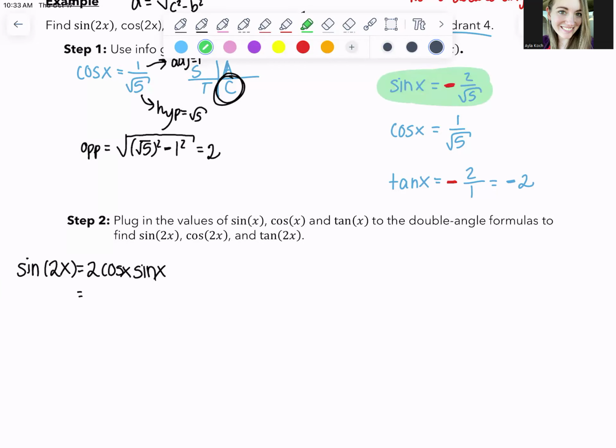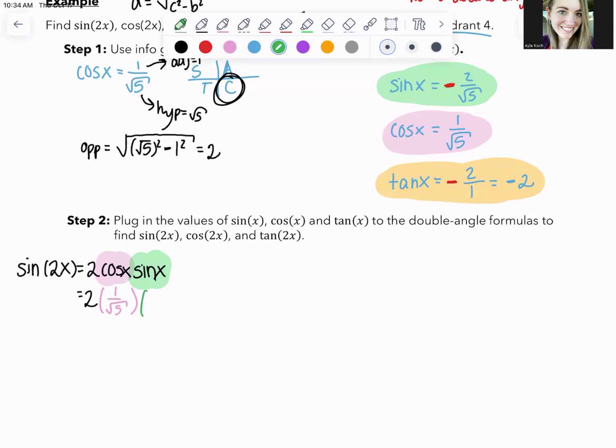So we have sine, cosine, tangent. We have cosine, sine. So I'm just going to make those replacements. 2 cosine is 1 over square root 5.